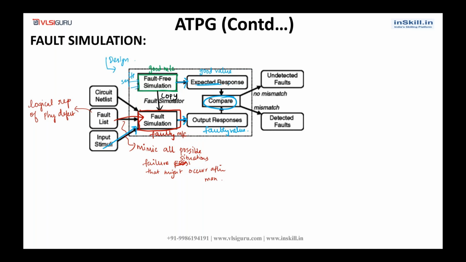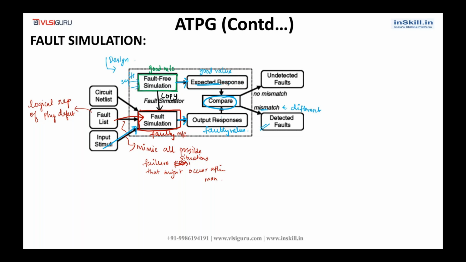If the good value and faulty value are different, that is a mismatch, and the tool will tell that those faults are detected faults. So we will try to understand this point.